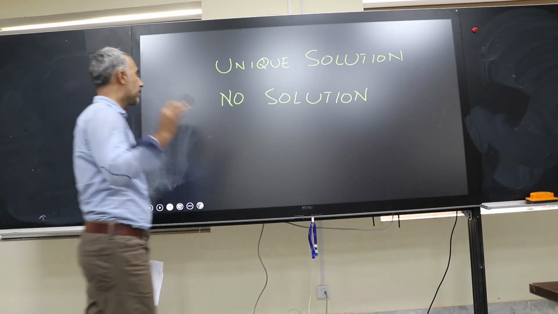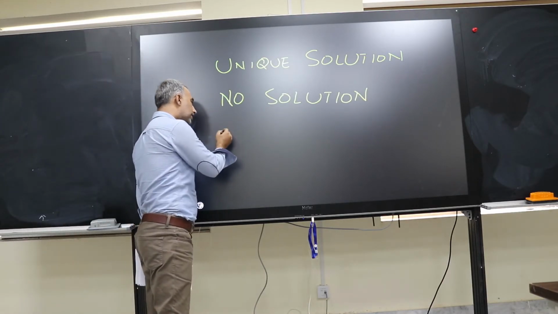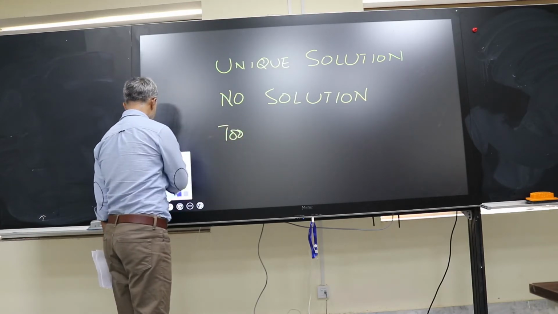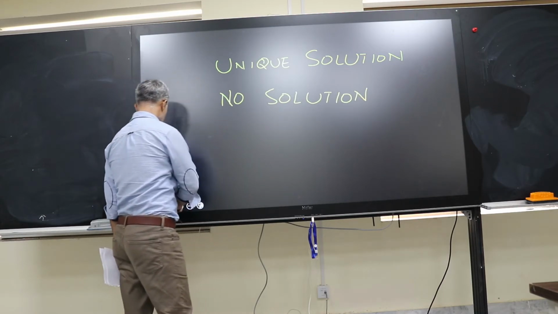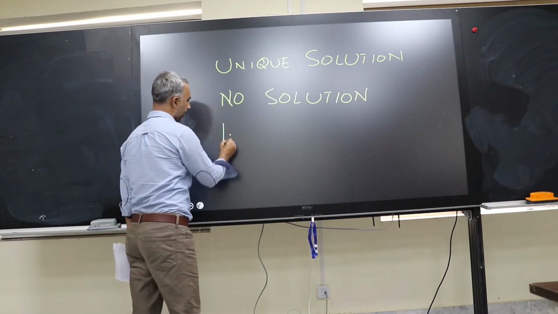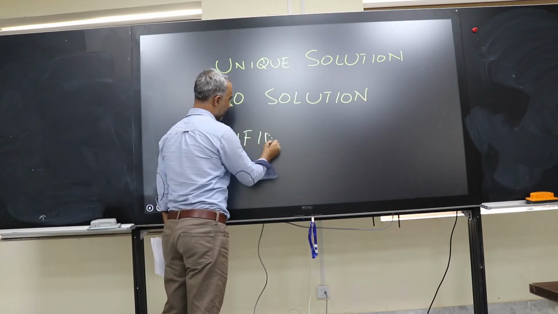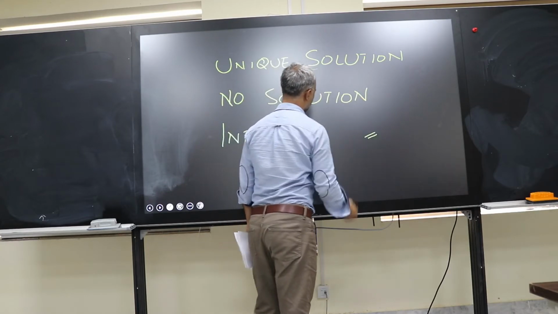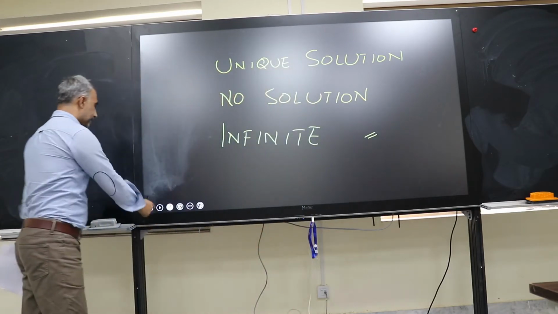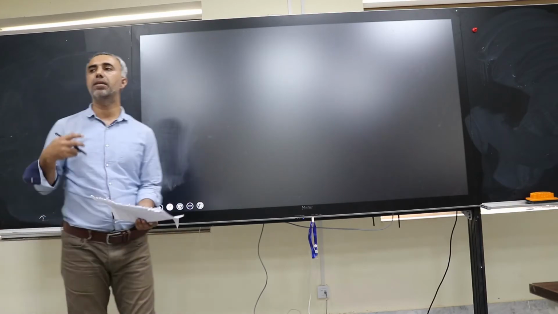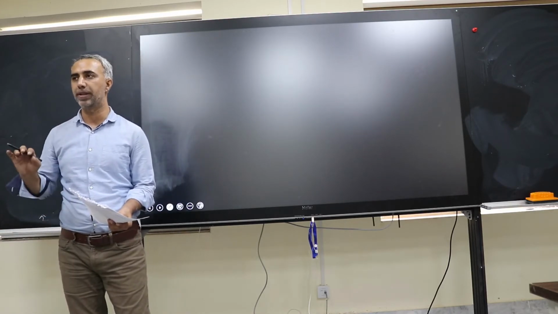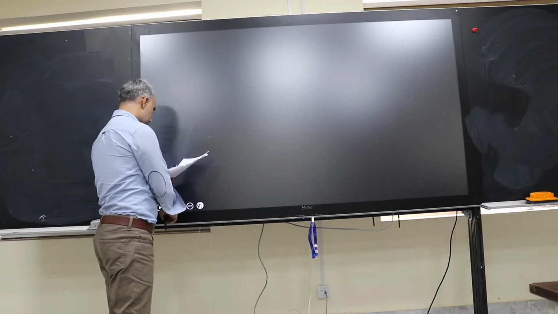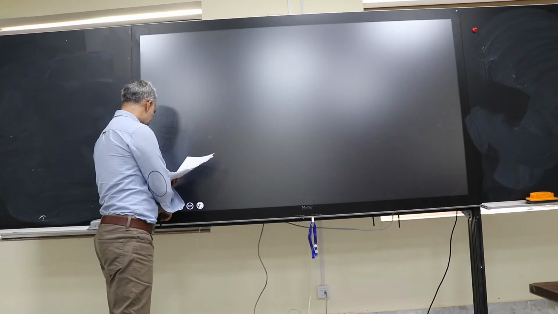And sometimes we want many solutions, an infinite number of solutions. We talked a lot about the unique solution. Let me explain a little bit about the no solution, or the infinitely many solutions.